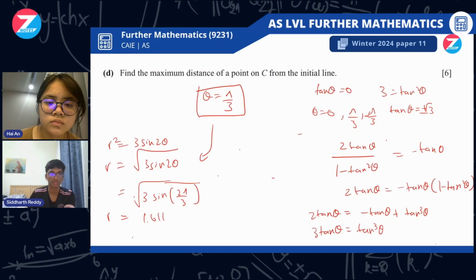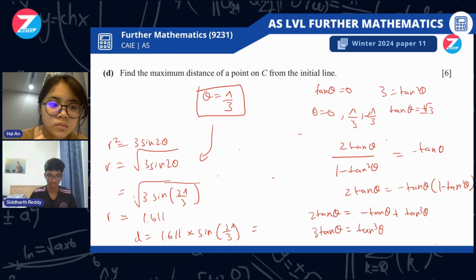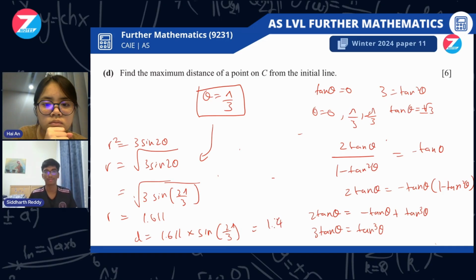So the maximum distance is equal to 1.611 times sine of 2 pi by 3. So it's equal to 1.4.